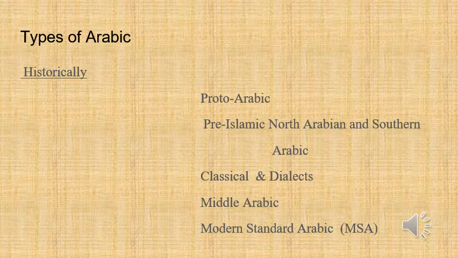And then Modern Standard Arabic. Modern Standard Arabic is a modern formulation of Arabic based on classical Arabic, and came as a result of people in the 19th century deciding that this Middle Arabic was kind of a mess, and they wanted to classicize and standardize the language again. So the nice thing for us is that modern standard Arabic, which is what we're focusing on, is actually closer to classical Arabic than to Middle Arabic.